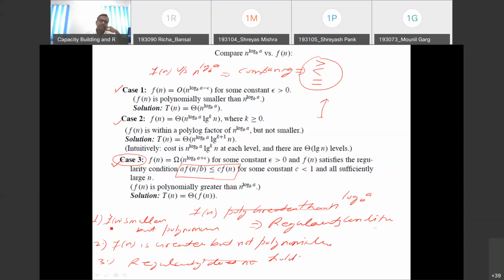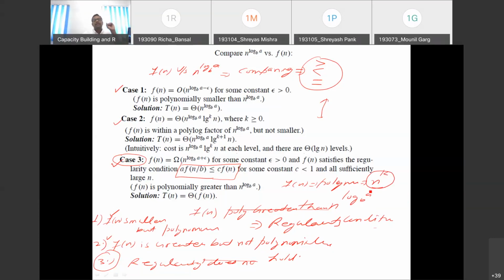So the first and second cases are pretty much clear to us. Now we need to concentrate upon the third one, that is, we need to prove the regularity condition. It also says that whenever f of n is a polynomial function, meaning f of n is a power of n, it will always satisfy the regularity condition.